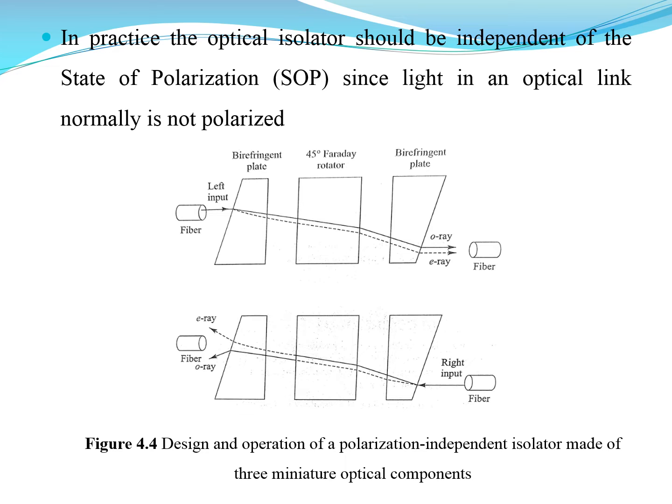It consists of two birefringent plates and one Faraday rotator, which is a 45-degree Faraday rotator. The optical isolator should be independent of the state of polarization, since the light in the optical link will not be polarized.